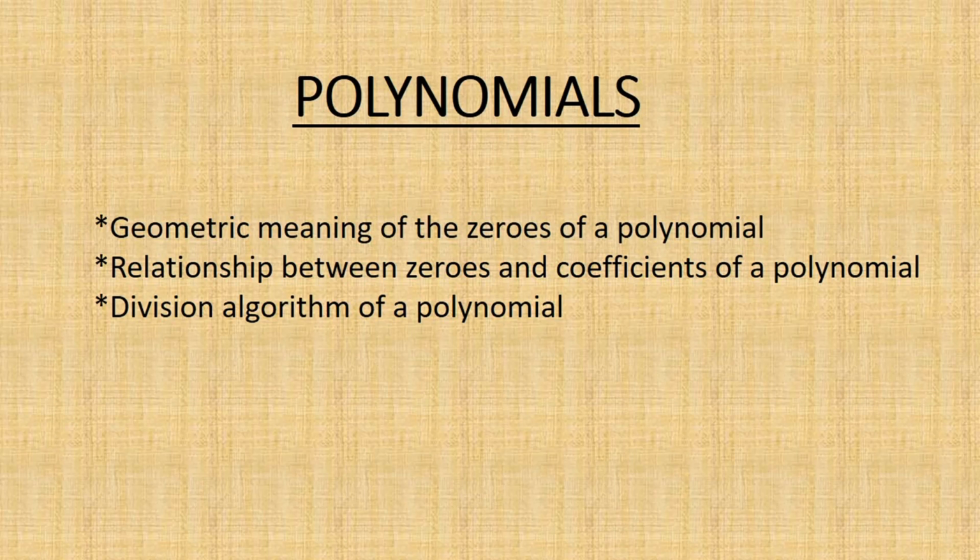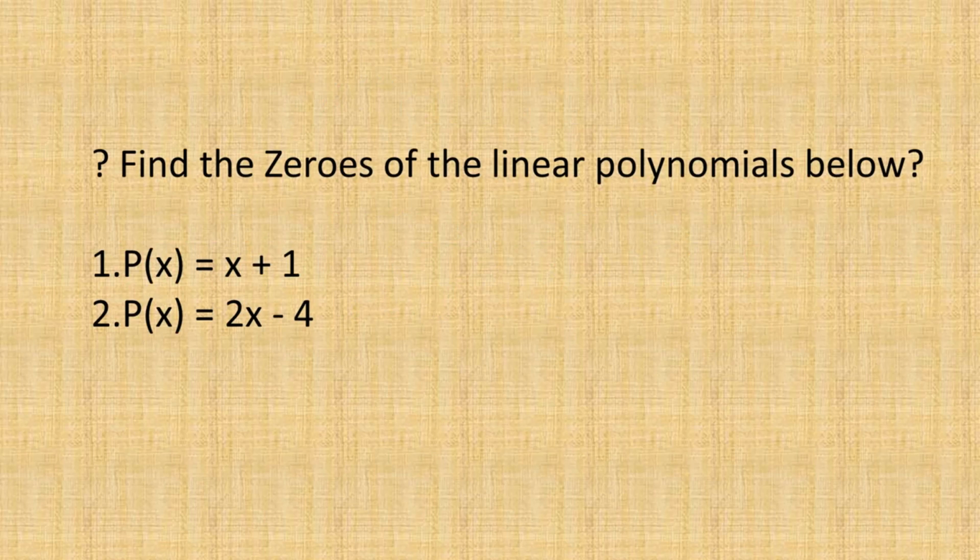Okay, so today we started the first part, that is the geometric meaning of zeros of a polynomial. We didn't discuss different degree polynomials, but only linear polynomials. We started with a 9th standard topic: find the zeros of the linear polynomials below. For the first one, the 0 is -1, and for the second one, the 0 is 2, right? Then we moved into the graphs, and we drew the graphs for these two polynomials.